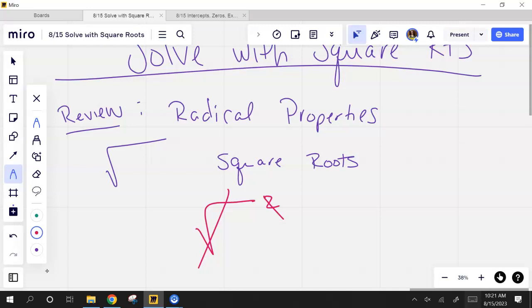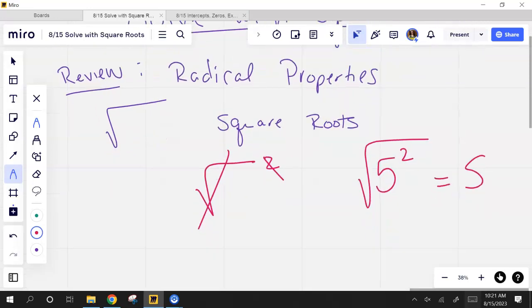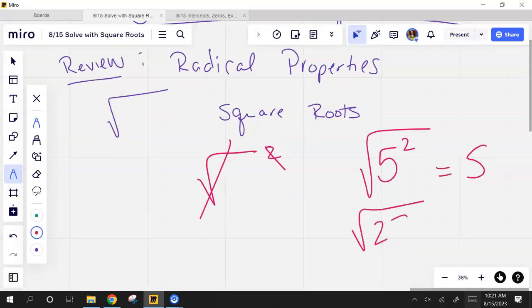So if I said, what's the square root of 5 squared? You would say that's 5. Also, why the square root of 25 is 5, right? So the square root's looking for a number that multiplies by itself twice to give you what's under there. Is everybody okay with that?